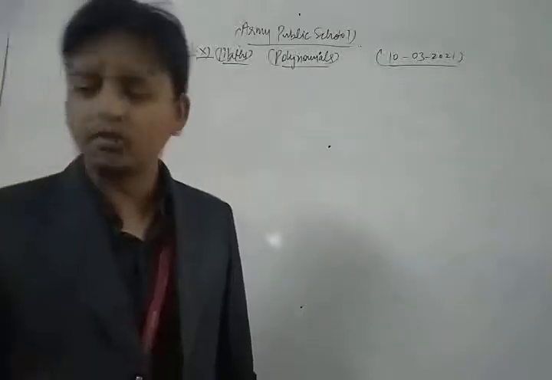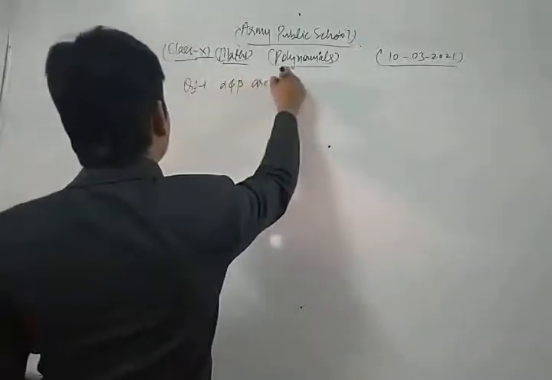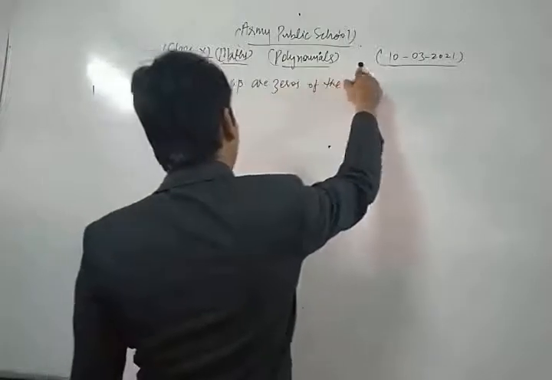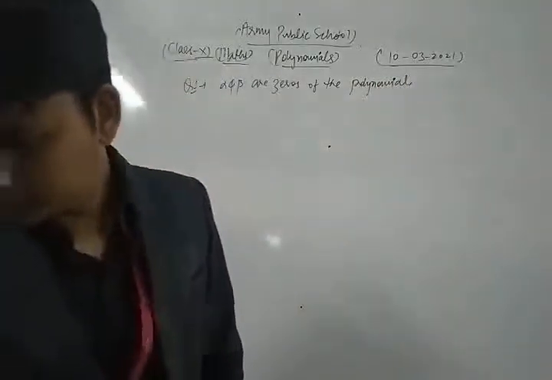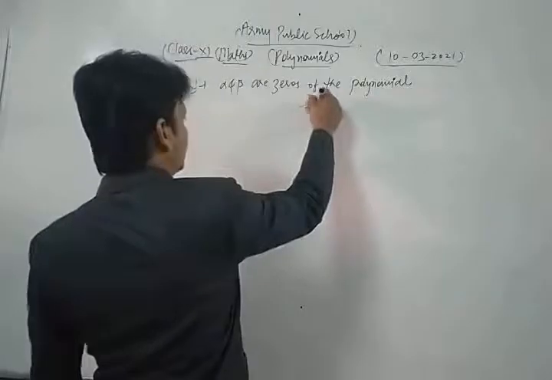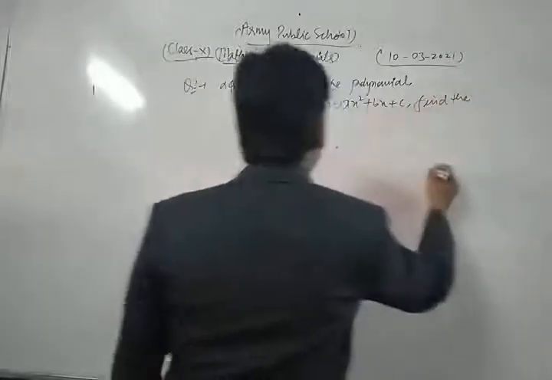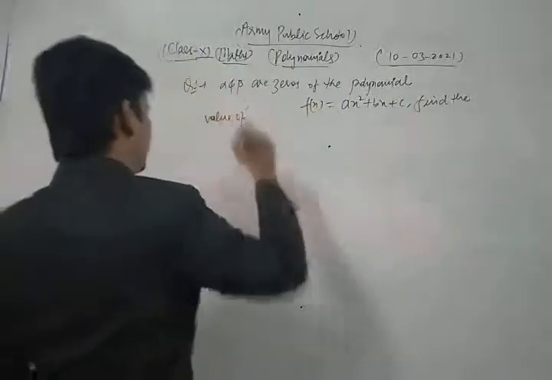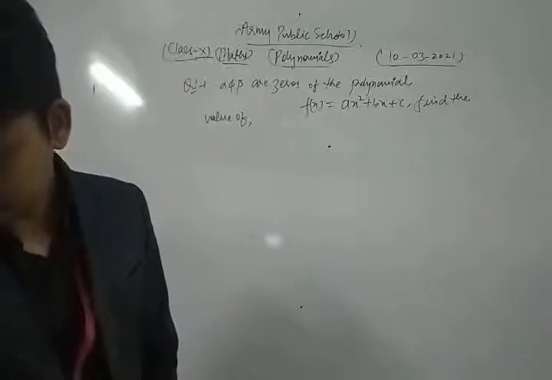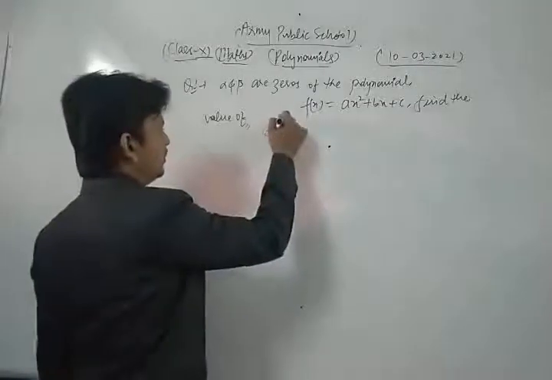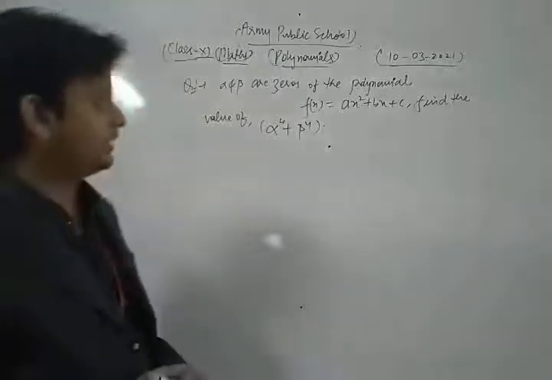If alpha and beta are the zeros of the quadratic polynomial f of x is equal to ax square plus bx plus c, find the value of alpha to the power 4 plus beta to the power 4. This is one of the most important questions of your syllabus. So let's see its solution.